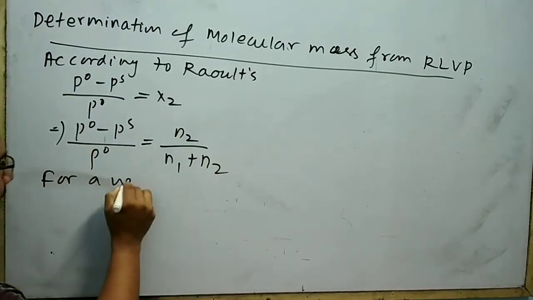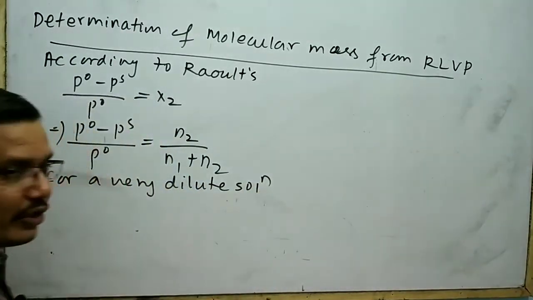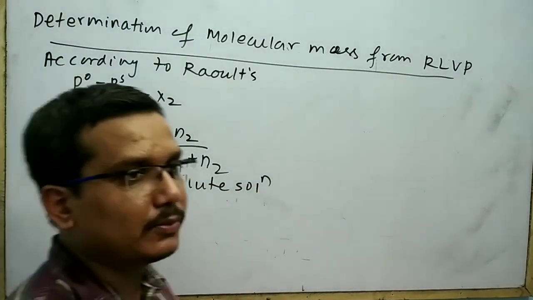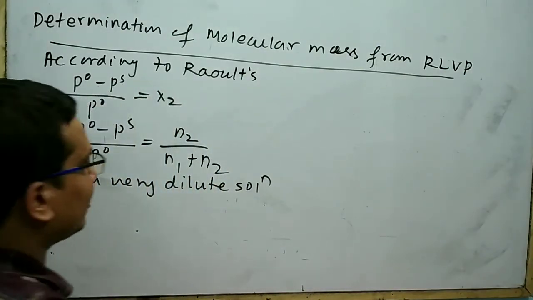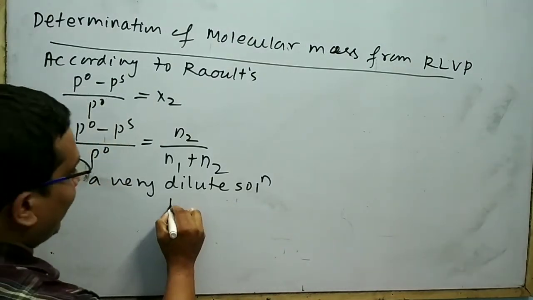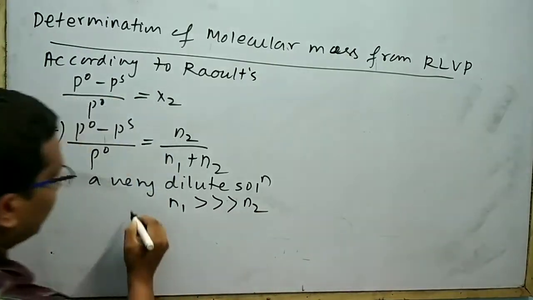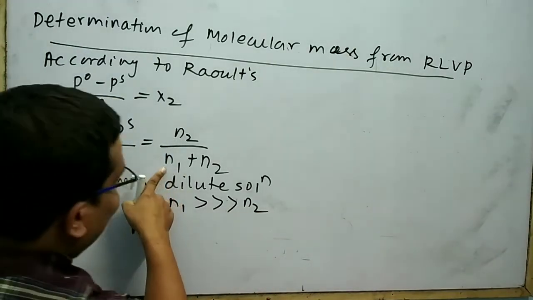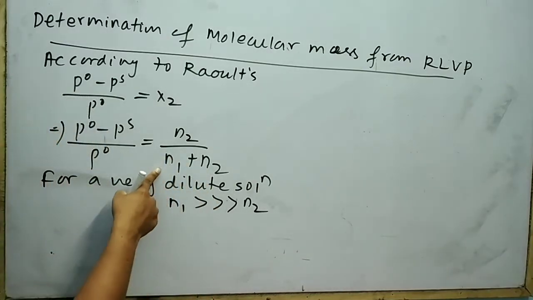For a very dilute solution, we know that the number of moles of solute is very much less than the number of moles of solvent. So we can write for a very dilute solution, n1 is much greater than n2. Here I can neglect the n2 value and only write n1.